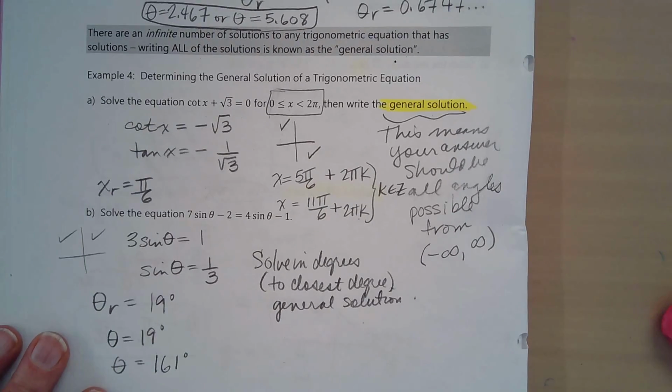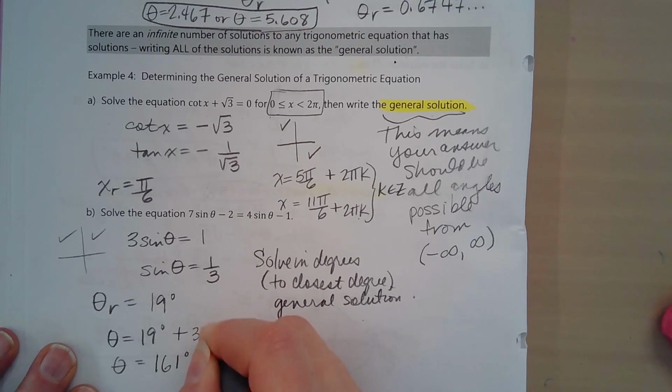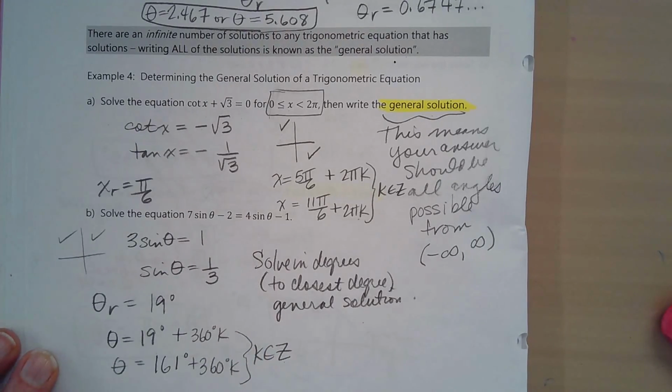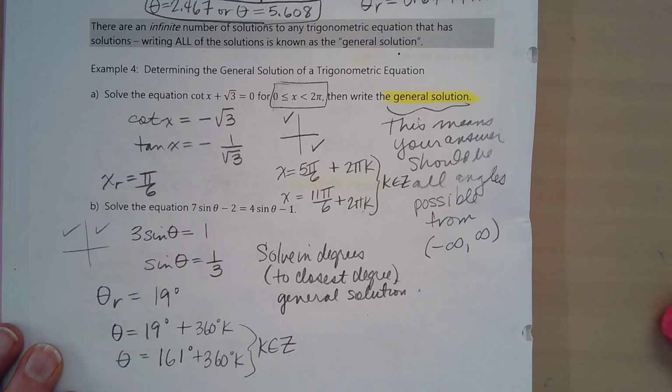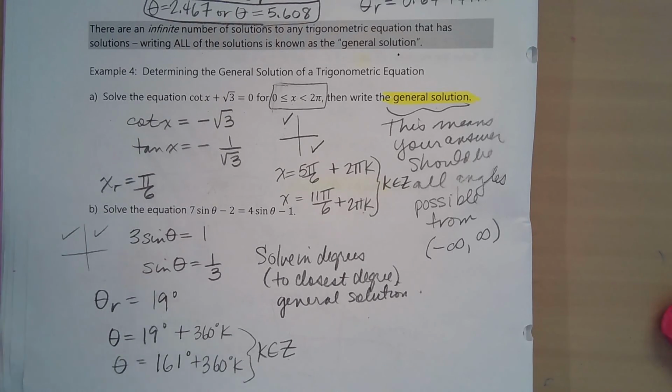There's my solution for one revolution, but if they want all revolutions, I just have to add all my coterminals. And there we go. So lots of old stuff here, a little bit of new stuff, but mostly old stuff, so that's great.